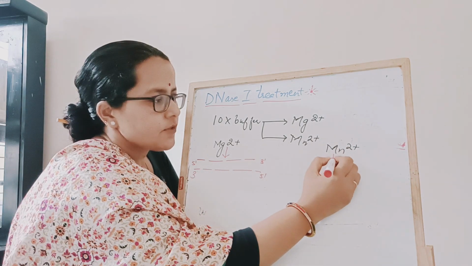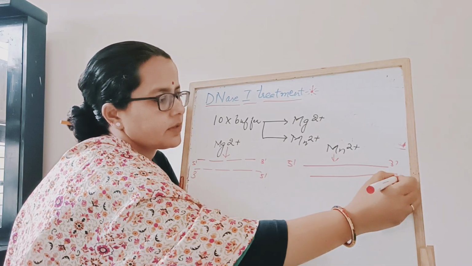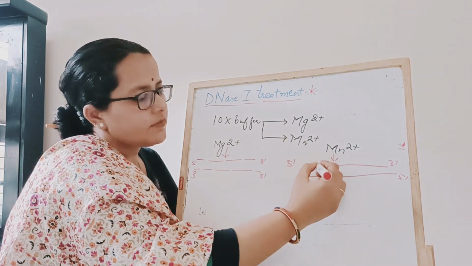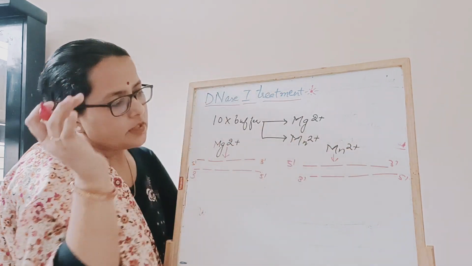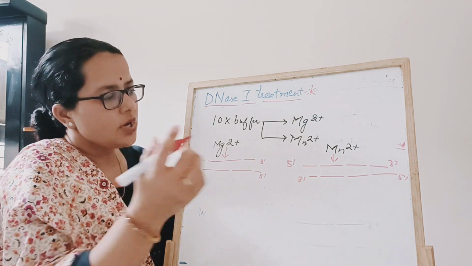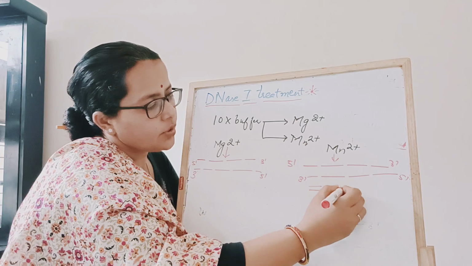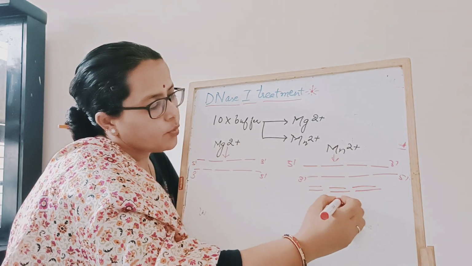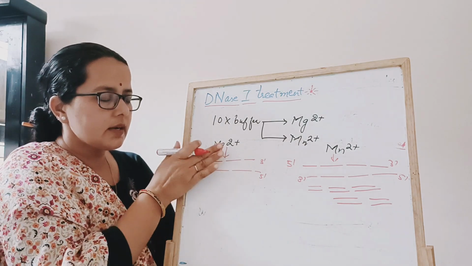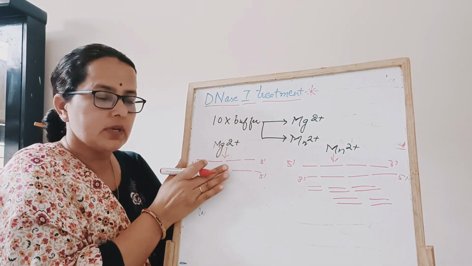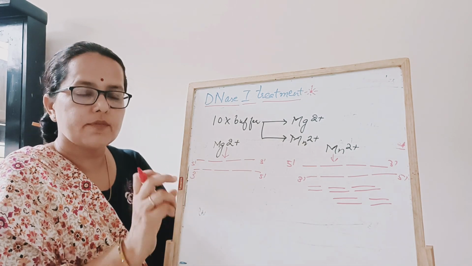But in the presence of manganese, it will make an exact cut at the same site on both strands. So it will generate exact, very small fragments, where both strands are of equal size. Here the digestion is random; there the digestion is not random. It is exactly blunt and small fragments.